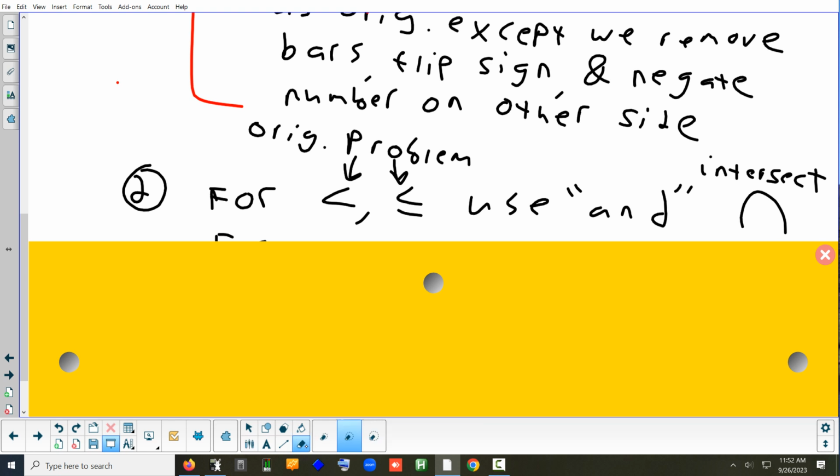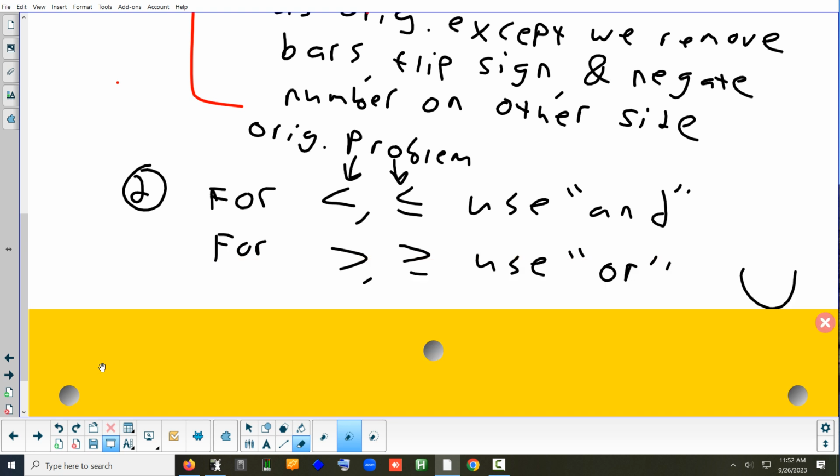If the original problem had either a less than or a less than or equal to once you isolated the absolute value, you use the word "and" in your final answer. If it had a greater than or a greater than or equal to, we would use the word "or." The way I remember it is, instead of saying less than, say "less than, land," the word land.